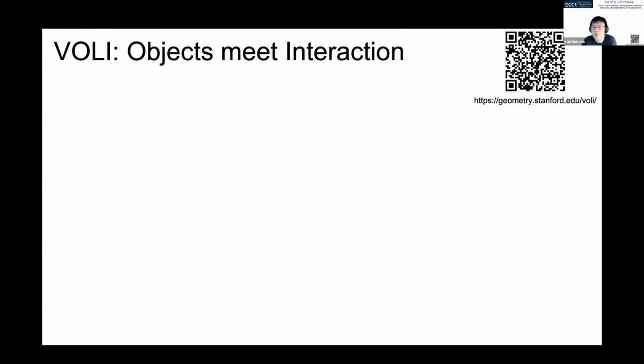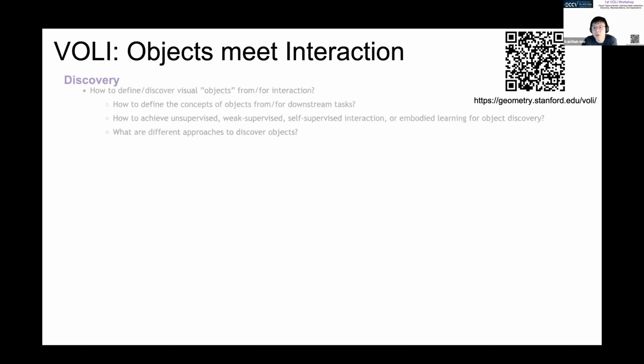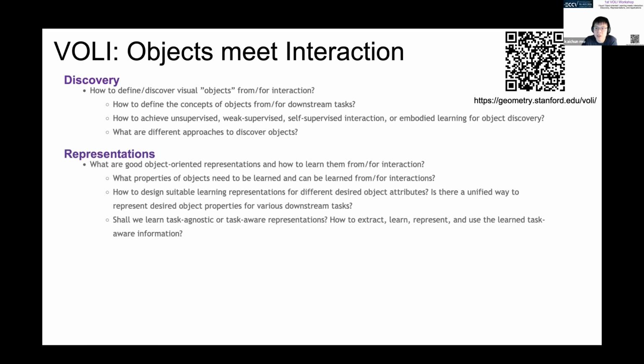So in this VOLI workshop, we study how to learn visual object-oriented representations from interaction and for interaction. The topics include how to discover and define the objects. Do we want to use supervised learning, semi-supervised learning, or maybe purely unsupervised or self-supervision is enough? How to learn the object representation and what are the good representations?